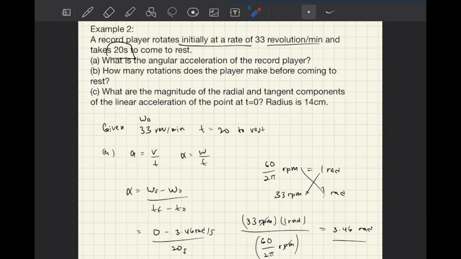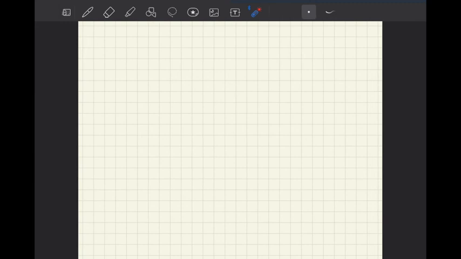The question gave us 14 centimeter. Usually I convert it to meter because it's better to see velocities in meter per second, or acceleration in meter per second squared instead of centimeter per second squared. For C we wanted to find the tangential acceleration, so we use radius times the acceleration that we found just now.